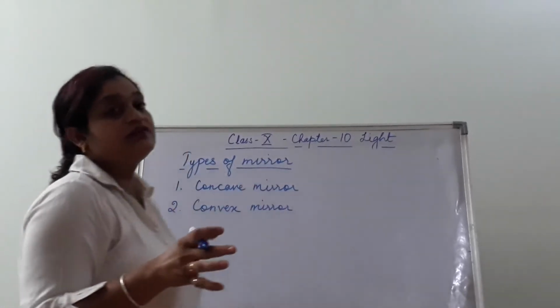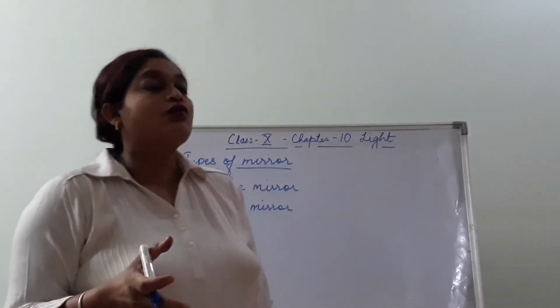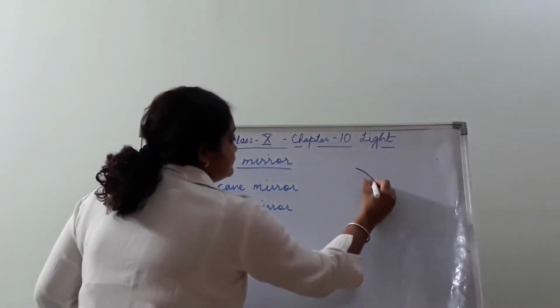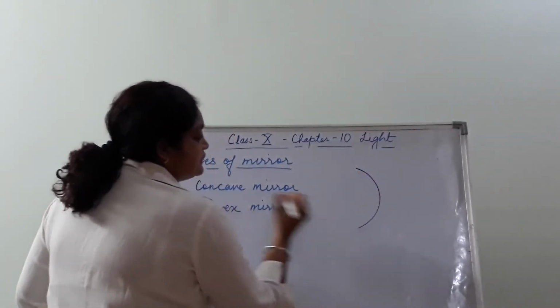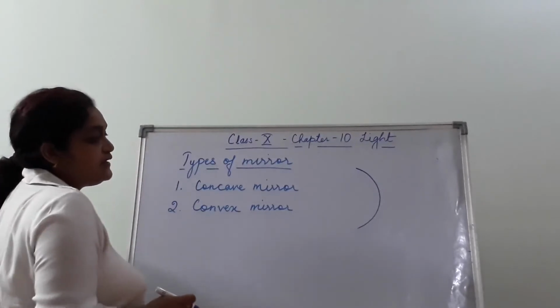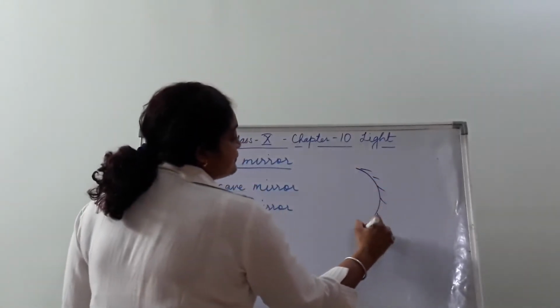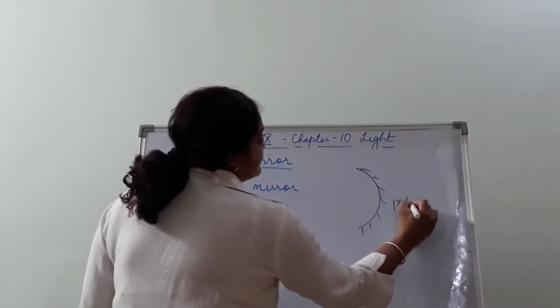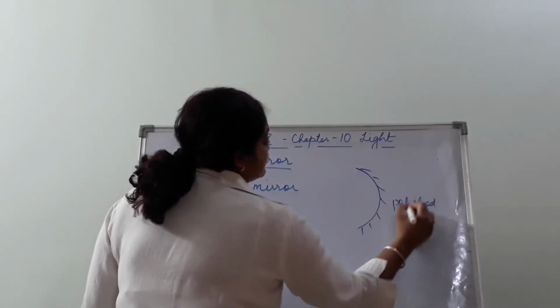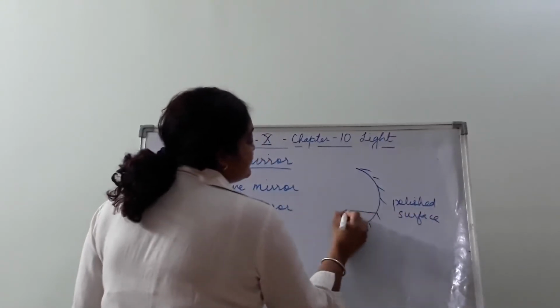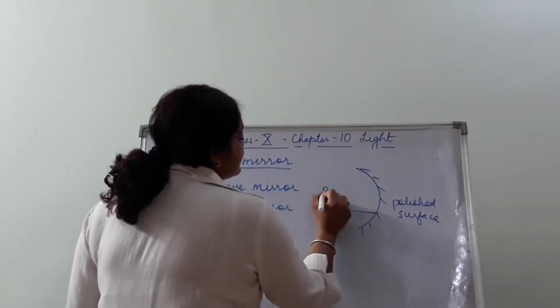So children, what is a concave mirror? In a concave mirror there is one curved surface like this. This is the polished surface, and this is the reflecting surface.